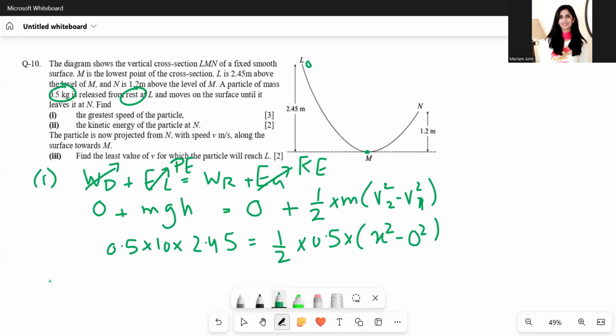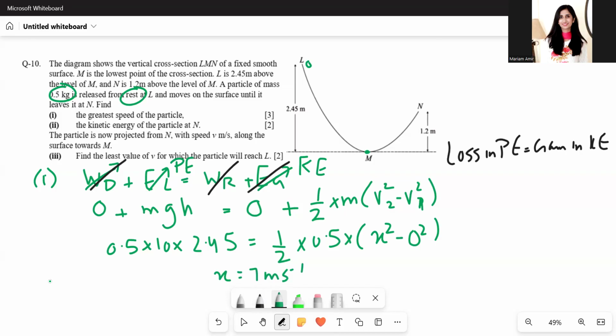Since this is 0 and this is 0, the formula becomes loss in PE is equal to gain in KE in the absence of driving force and resistance. Okay, now you solve this for x, which would come out to be 7 meters per second. Okay, so the speed here is 0 and the maximum speed here is 7.